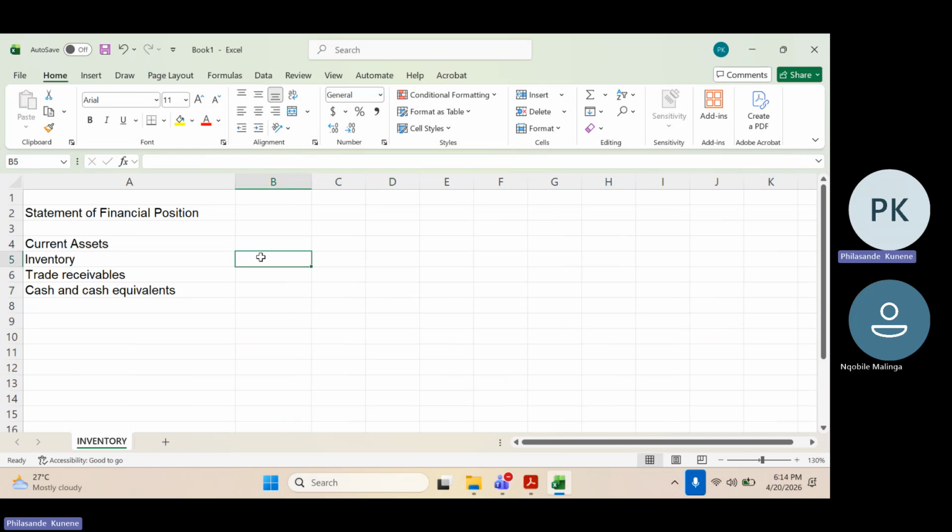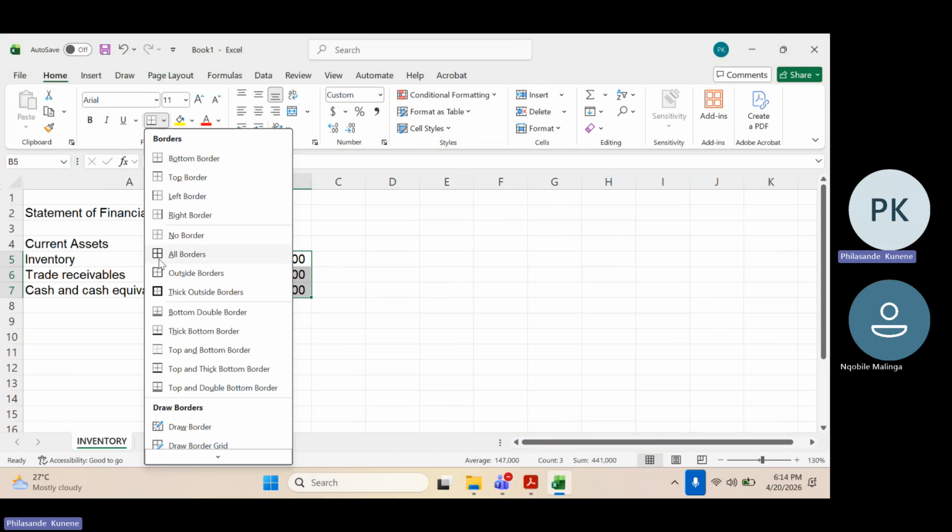Maybe inventory, we're going to have 200,000. For example, trade receivables, maybe 160,000. And then cash and cash equivalents, maybe let me just say 81,000 rand. So if this is your business, this is your current assets that you have in your statement of financial position or the balance sheet.